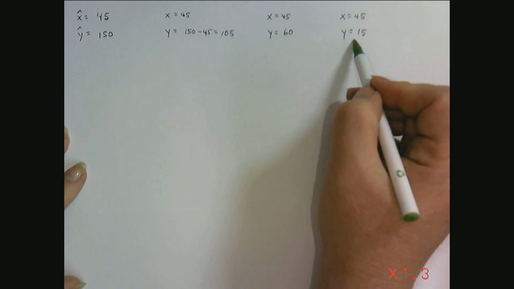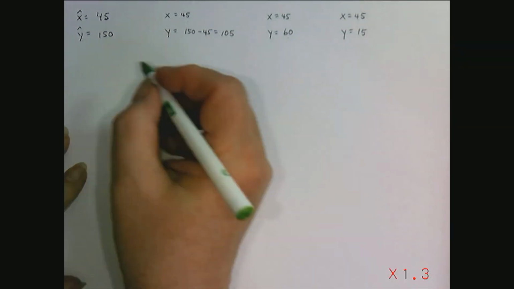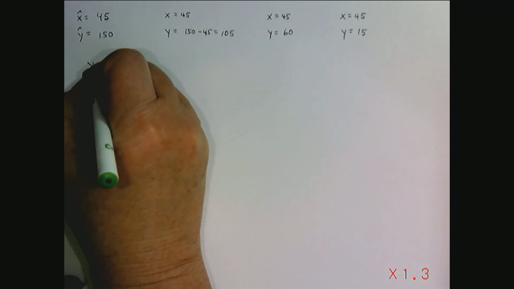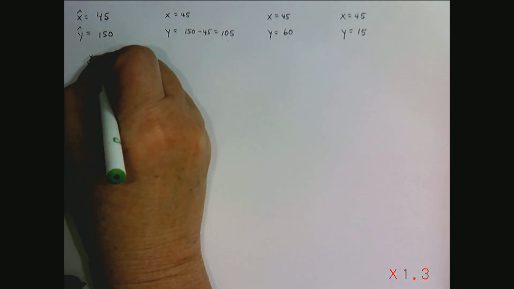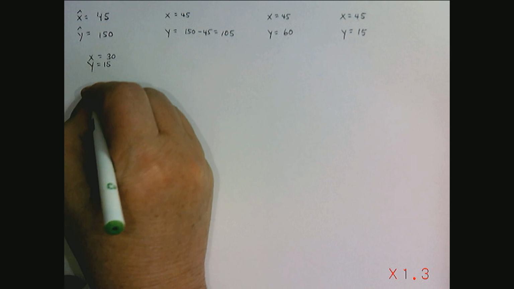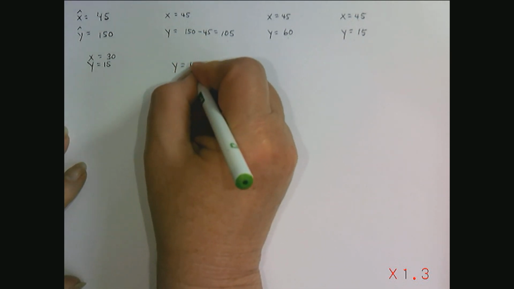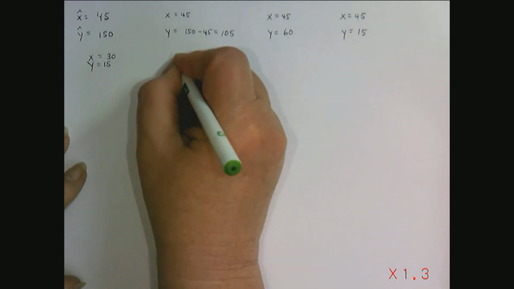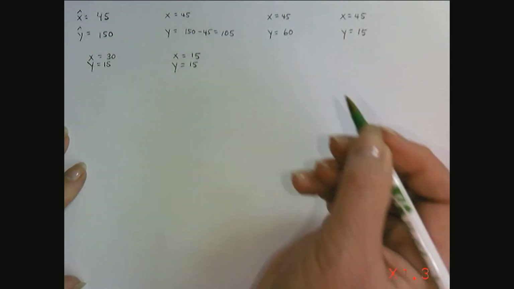They're still not equal, but now x is larger, so y stays 15 and x becomes 30. They're still not equal. One more time. y stays the same, it's 15, and x is 30 minus 15, which is also 15.